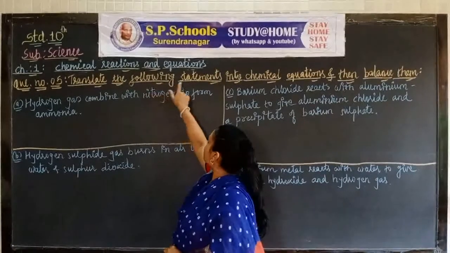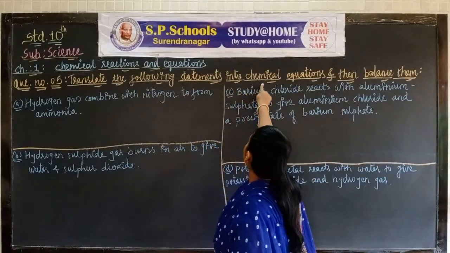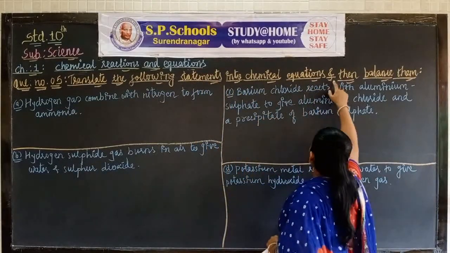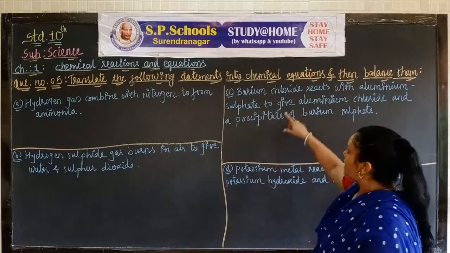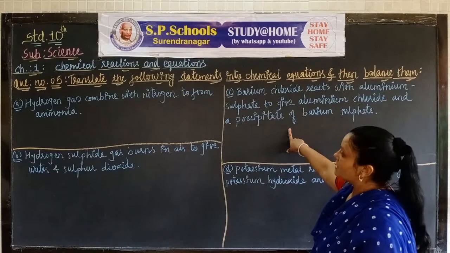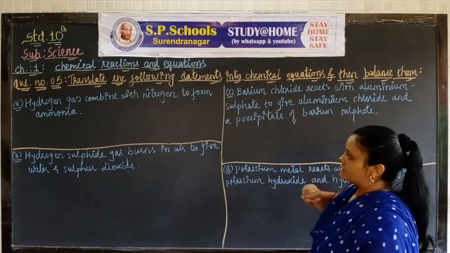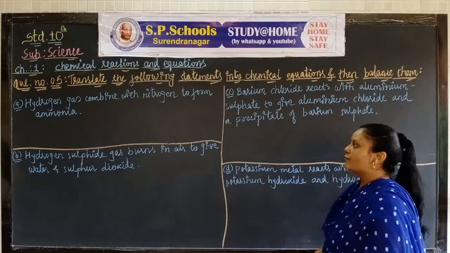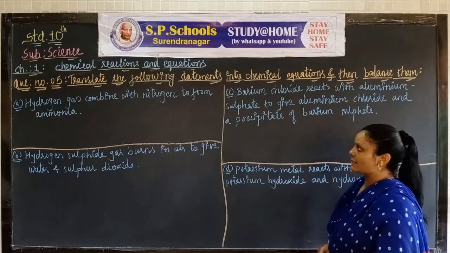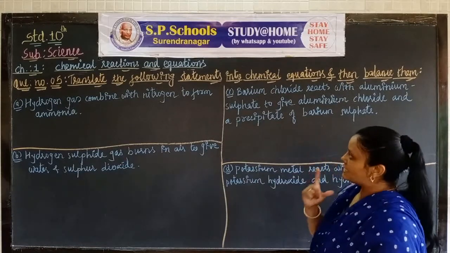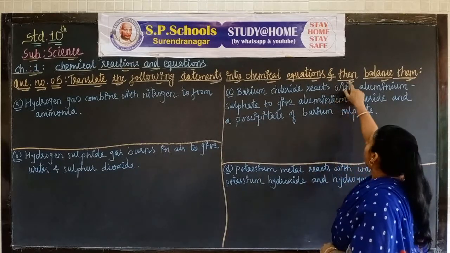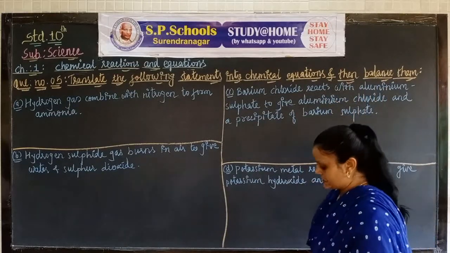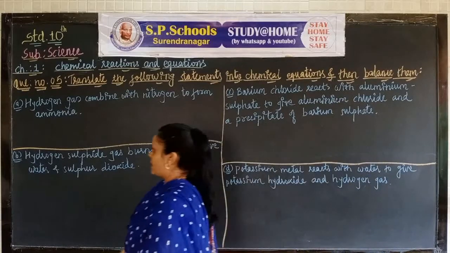Translate the following statements into chemical equations and then balance them. In this question, the equation will be in words form. First, we write the molecular formulas for each and then balance it. Let's try to write the answer.